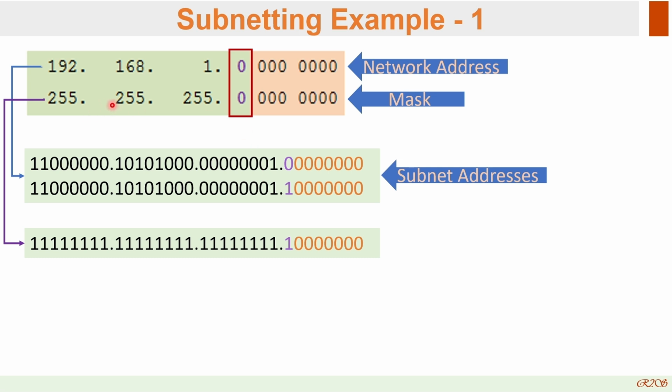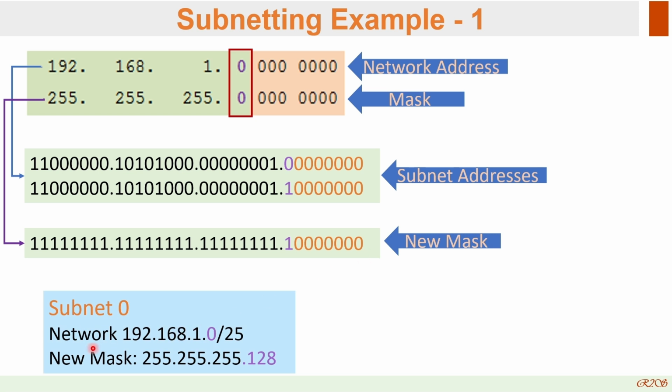Our subnet mask for these 2 new subnetworks is 255.255.255, and we borrow 1 more bit, and that bit should also be 1. So all the 8 bits 1 is 255, another 255, another 255, and then 1 with all the 7 bits 0, which means 128. So the network mask is 255.255.255.128 for our first network. The first network is 192.168.1.0, and the prefix length is now 25, previously it was 24.